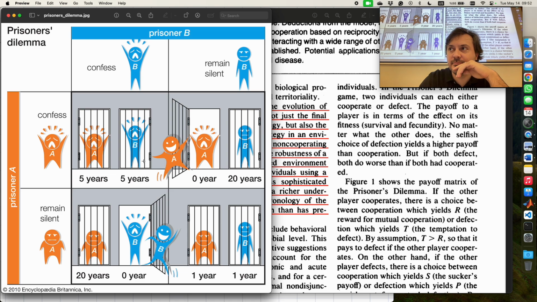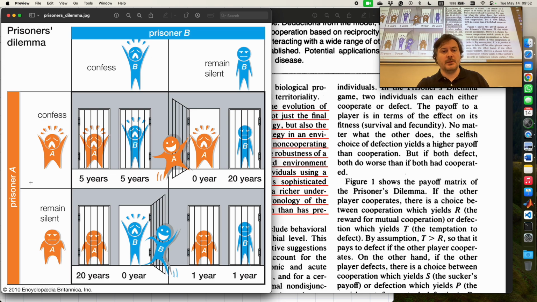There are two possibilities, since the other person either confesses or not. If he doesn't confess and I do, then I get 0 years instead of 1. It's a better thing to do. And if he confesses and I also do, then I get 5 years instead of 20. In either case, I'm better off.